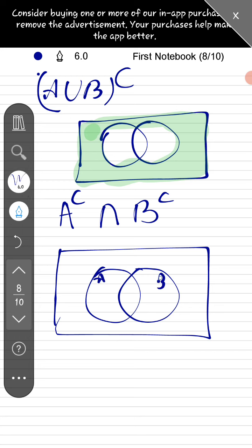This part is A, this part is B, this was A and this was B for you guys. Now what is A complement? I am highlighting A complement with green. Okay, now I am highlighting B complement with red.